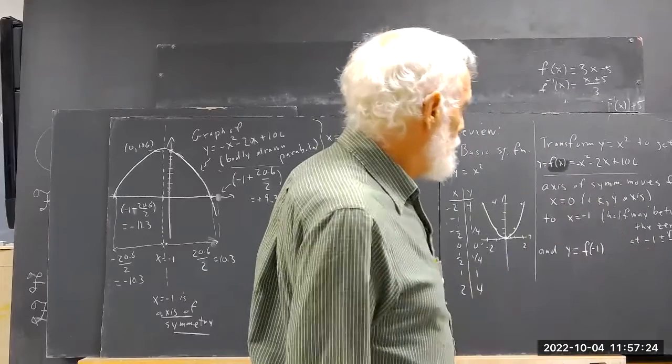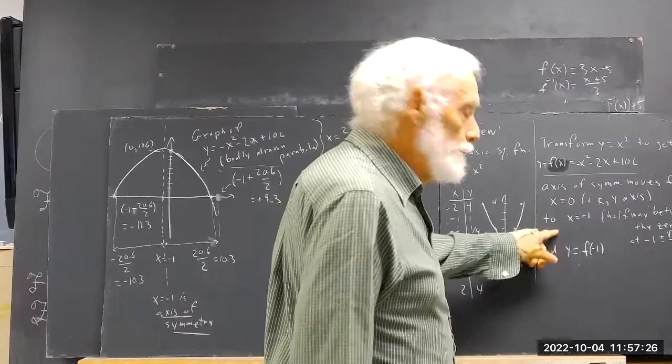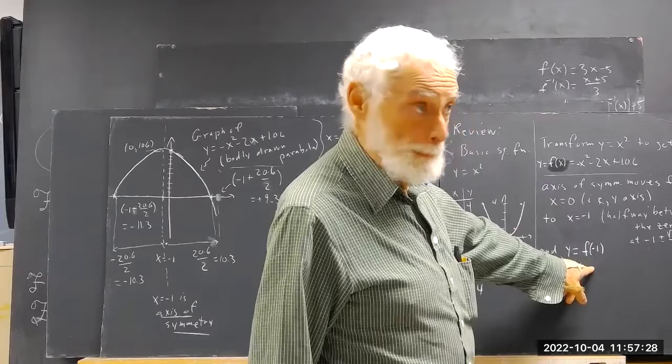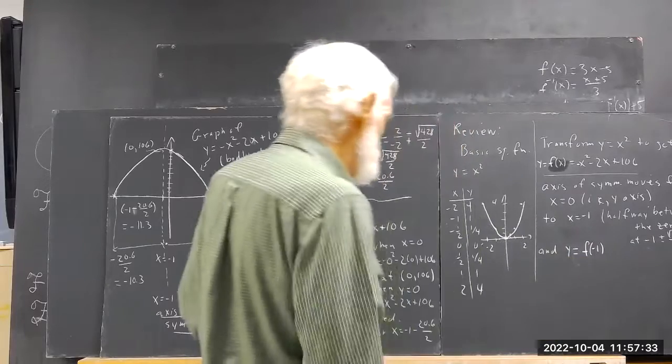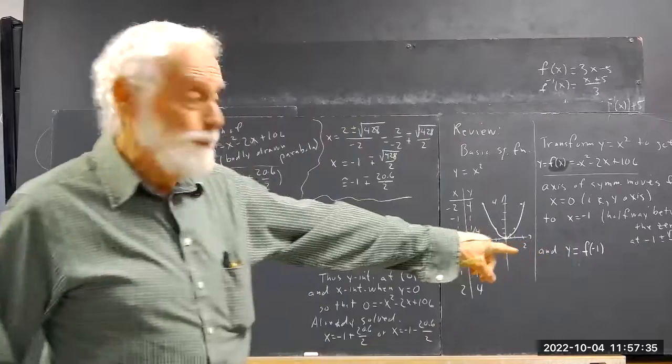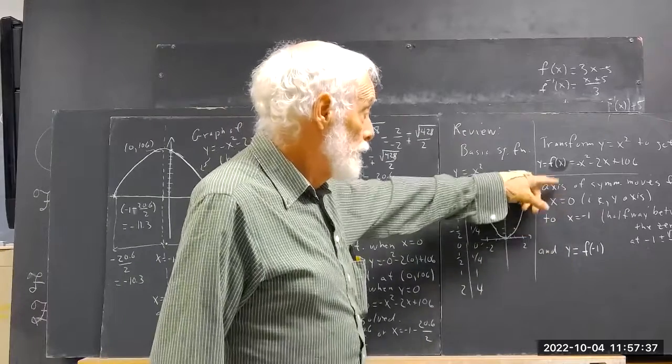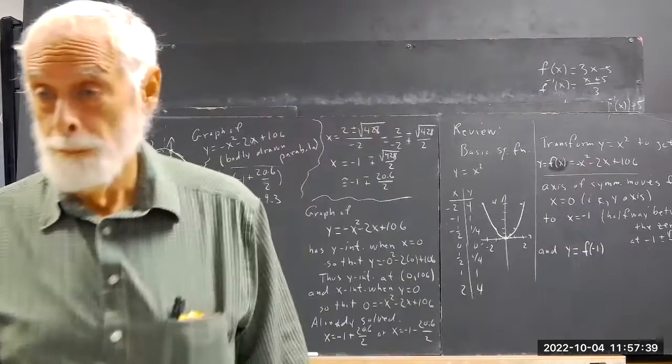Well, y equals f of x. If x is -1, then y equals f of -1. Okay. So go ahead and calculate f of -1. Just plug -1 in for x here and see what you get.